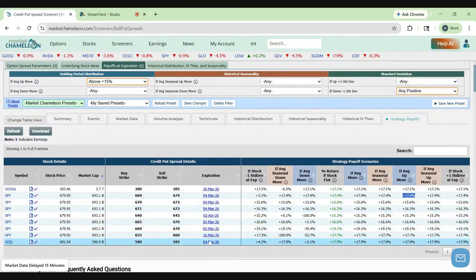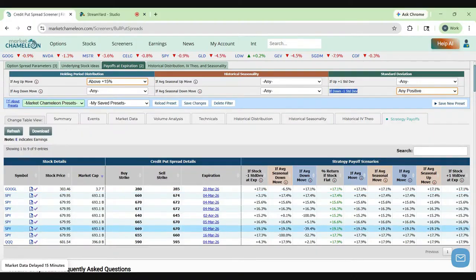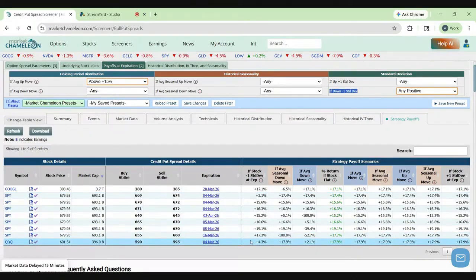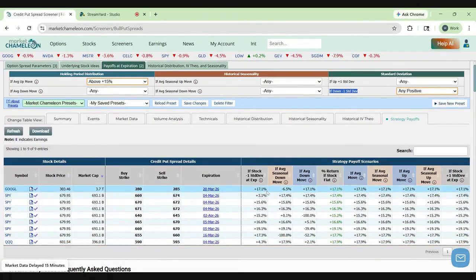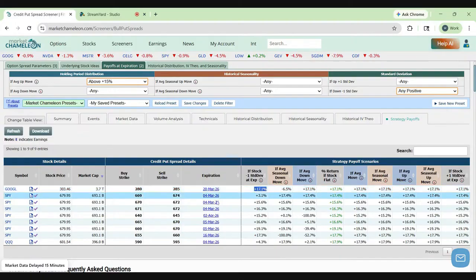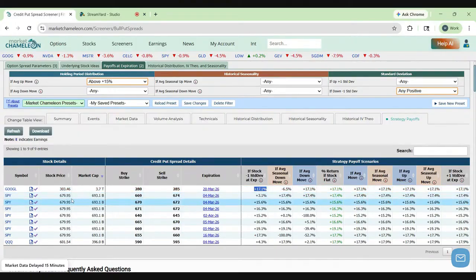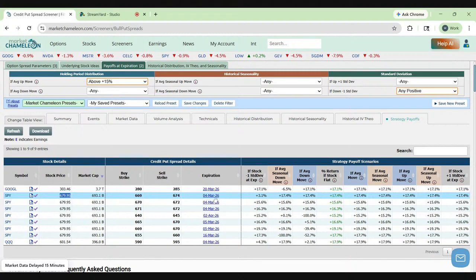But at the same time, we said, well, if we're down one standard deviation, which is over here, we still want to at least break even or make. So in this case, you could see we're still up 17% in Google and SPY. So if SPY is down one standard deviation today, so this is expiring today, this spread's still making 3.1%.